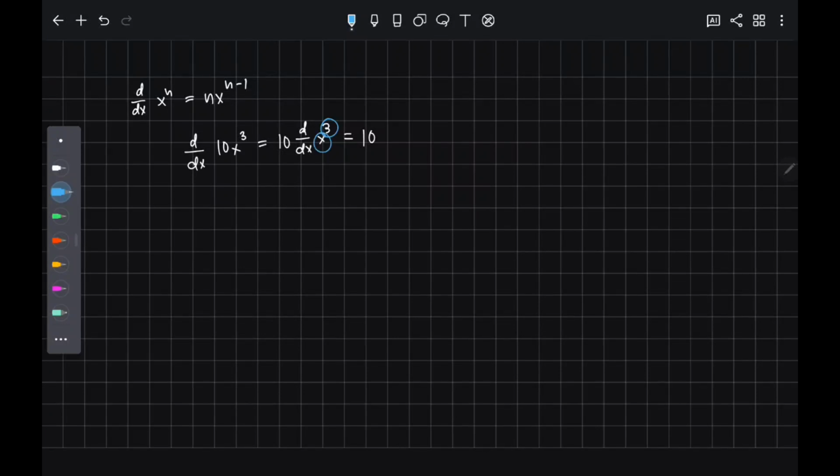So we bring down n, which is 3, copy x, then n minus 1, so 3 minus 1. Then continuing, that will be 10 times 3x, and 3 minus 1 is 2, so 3x squared. Simplifying, that is just 30x squared.